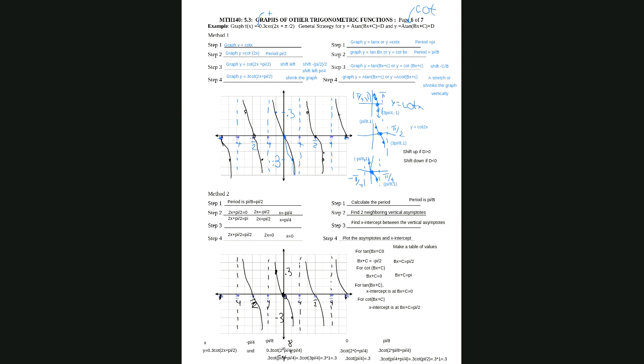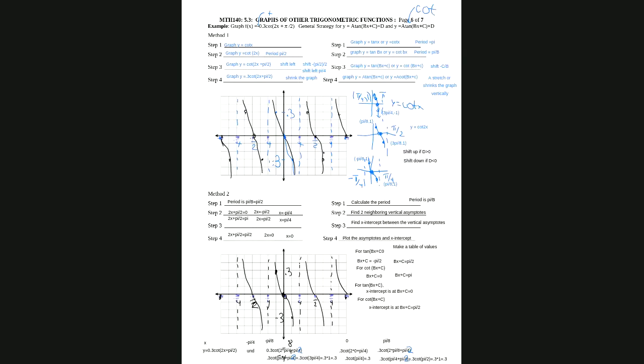So I'm going to go back and see if I can fix my mistake. So this was supposed to be a 2, and this was supposed to be a 2. And then this was a negative pi over 8, so that became negative pi over 4. And now we're adding pi over 2 to that.